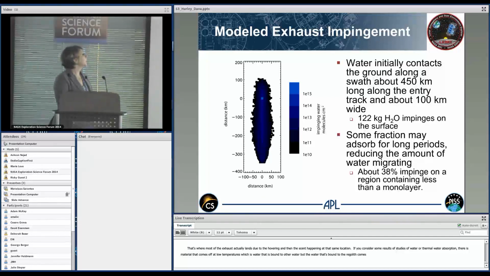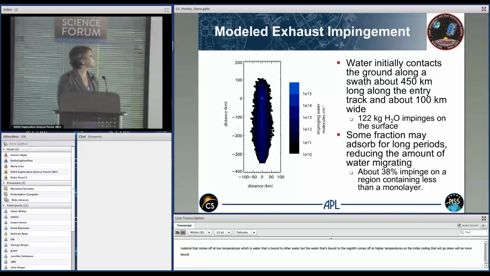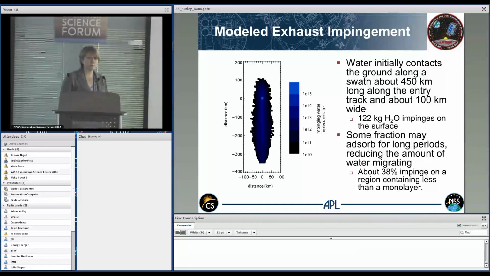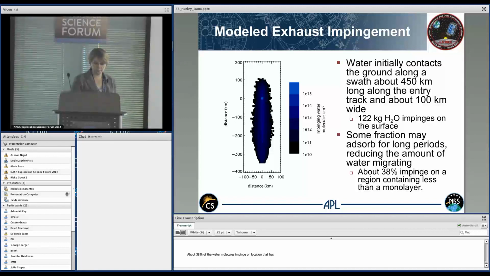So the initial coating that's going to go down is going to be more bound to the regolith than the higher doses here. So about 38% of the water molecules impinge on a location that has less than a monolayer, and the rest are less strongly bound.